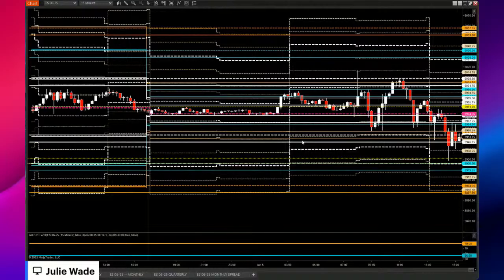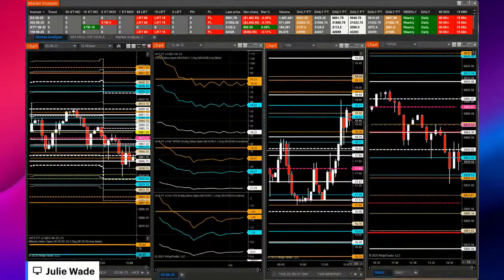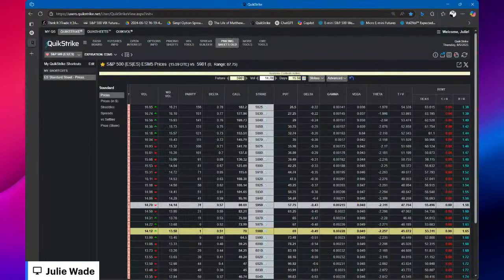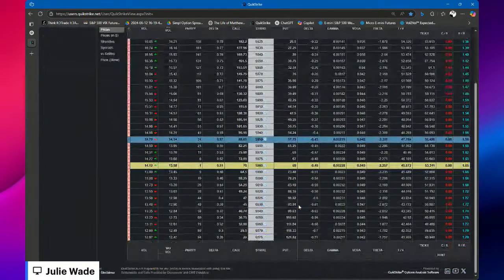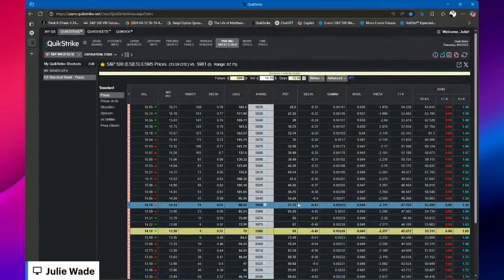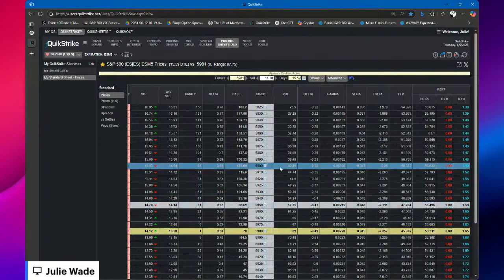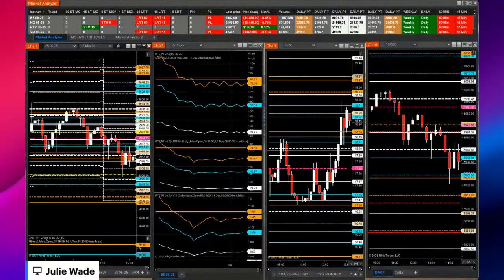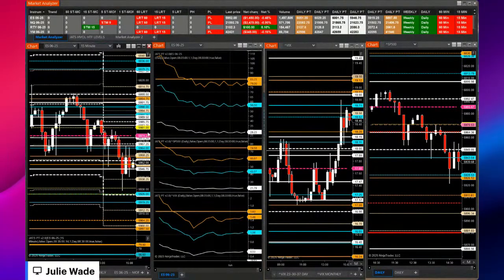And again, I couldn't do any of this without Quick Strike. It is a state of the art platform. There's so much to Quick Strike. I haven't really gotten a chance to show you everything. But believe me, if I didn't have Quick Strike, I would have the real volatility and the implied volatility, but not the analytics to put where the dealers are positioning and hedging around together with my volatility lines.